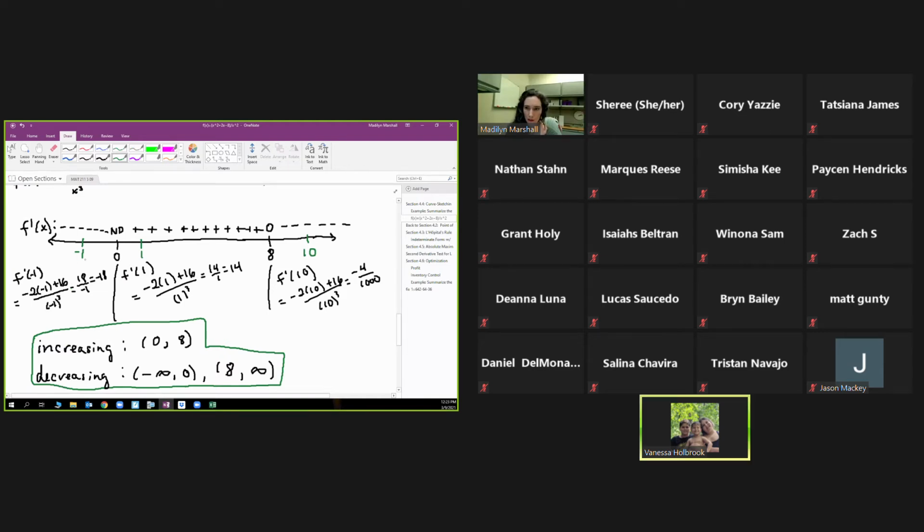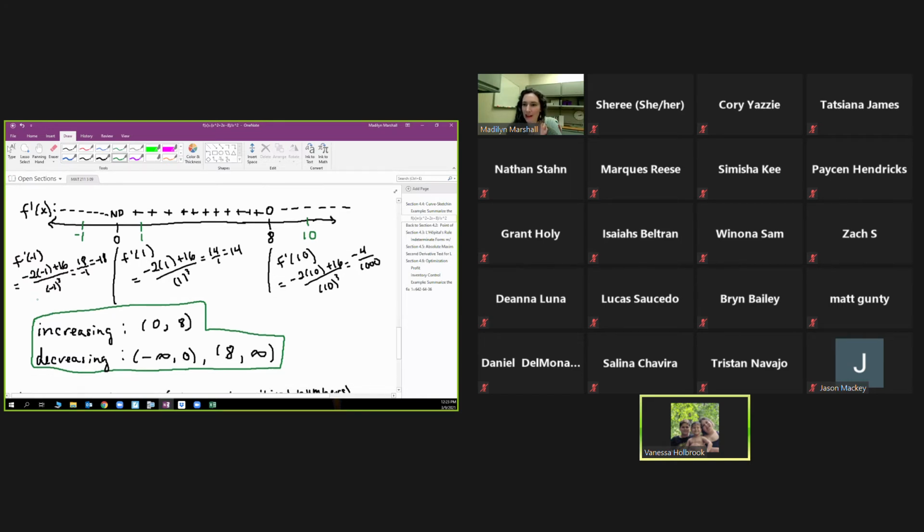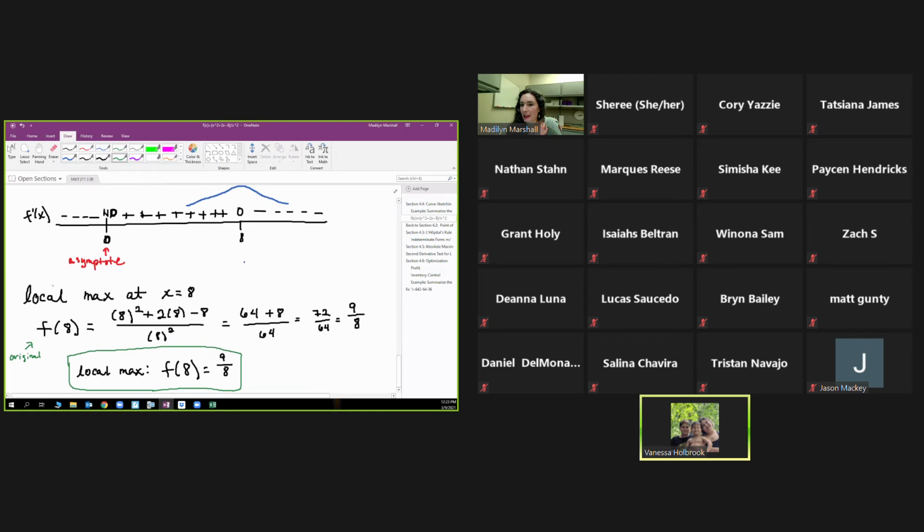Okay, that's good to know. Thank you. But the local max is an actual point on the actual function, so that's why we plug it into the original function, because we want to know the actual place that it lands on the graph.